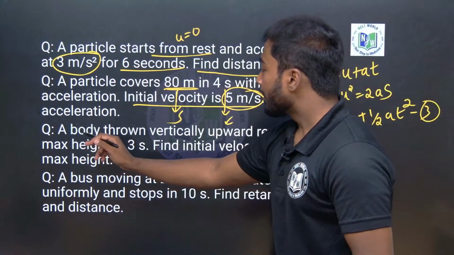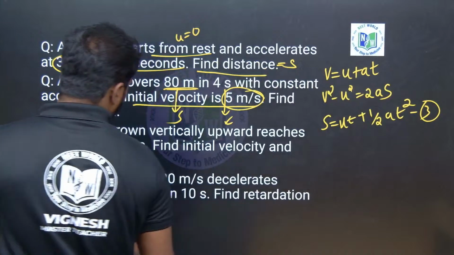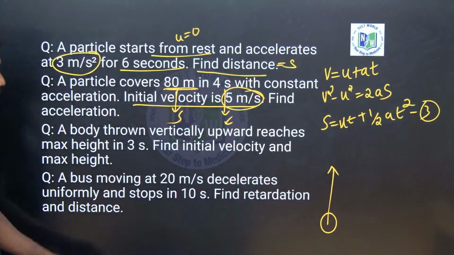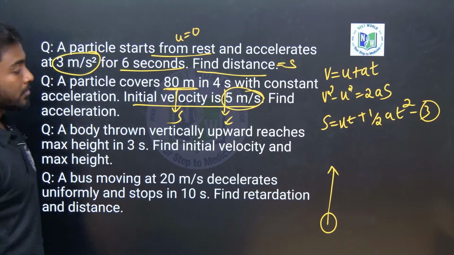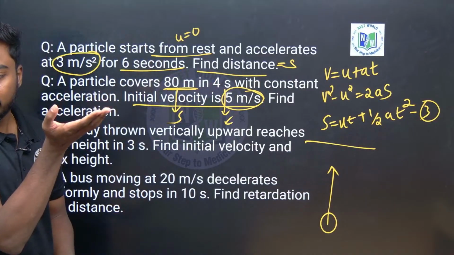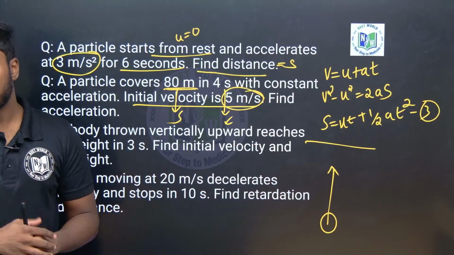Now the third question: a body thrown vertically upward reaches maximum height in 3 seconds. So let me consider this is my maximum height. Maximum height means where the object loses its velocity, right?